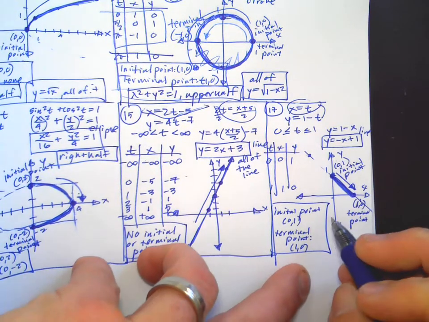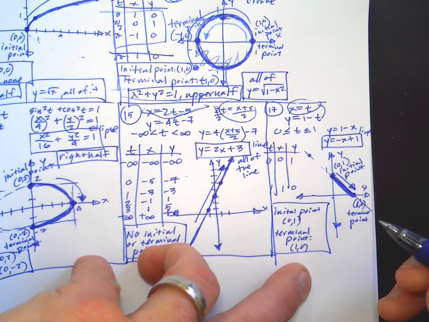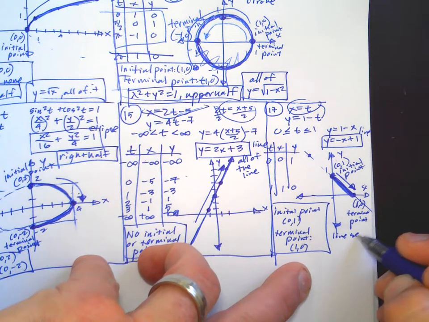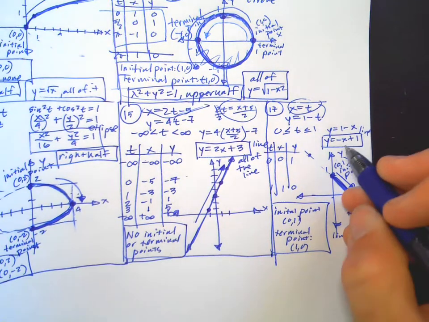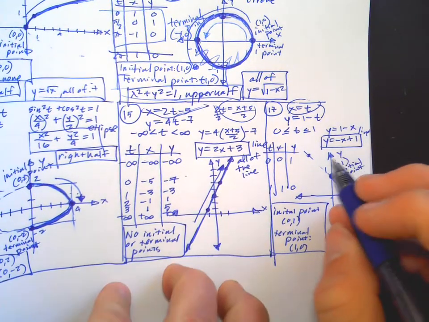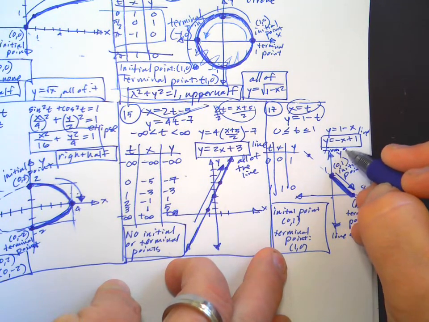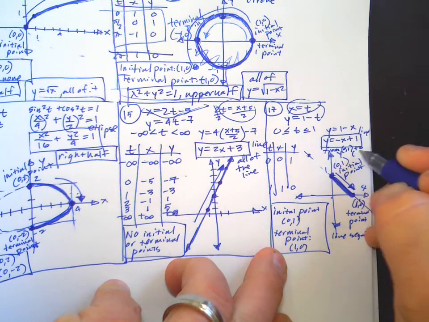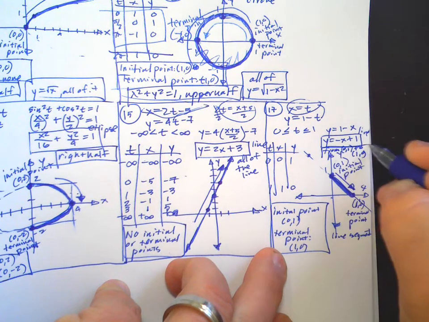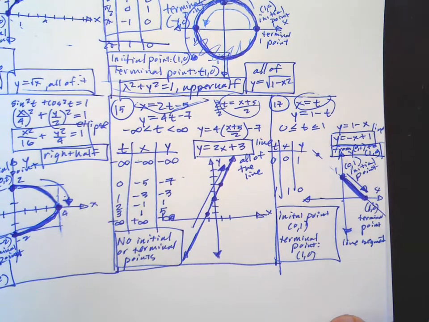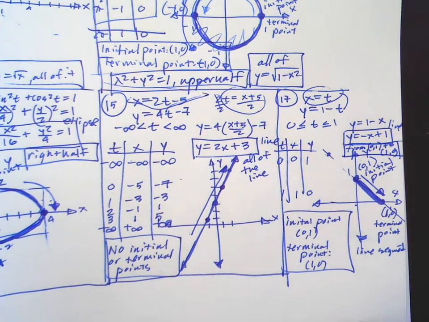And it is a line segment. Or we could say it's part of this line from 0, 1 to 1, 0. I mean, try and describe what piece of the Cartesian equation is. So there you go.